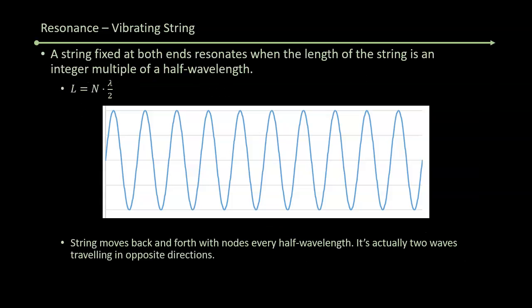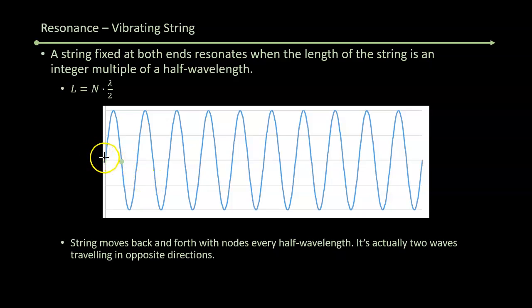When we talk about resonance, a vibrating string is fixed at both ends, and so it can't move on the ends. If you imagine cutting this off, this portion is the portion of the string that's vibrating. Well, it's fixed here and it's fixed there. We could also go with it's fixed here, it's fixed right there, and it's fixed right there.